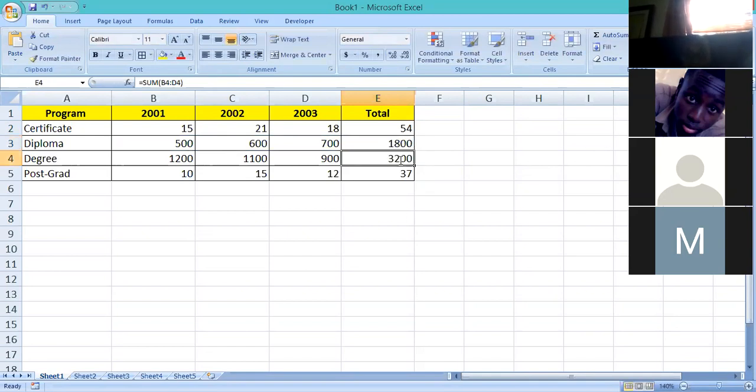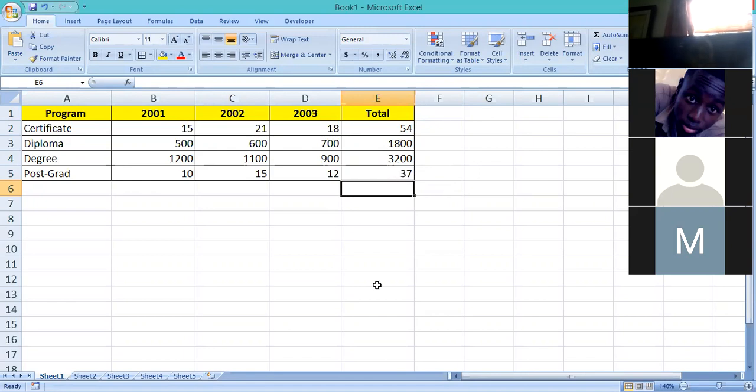You go on this one, it automatically changes it to B4 to D4. If you go on this one, it automatically changed it to B5 to D5. So that's called what? Relative cell addressing. All right? Good?